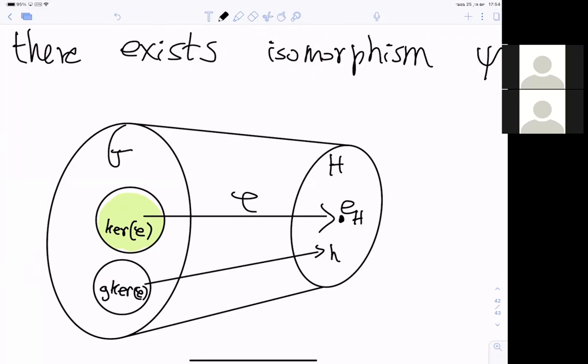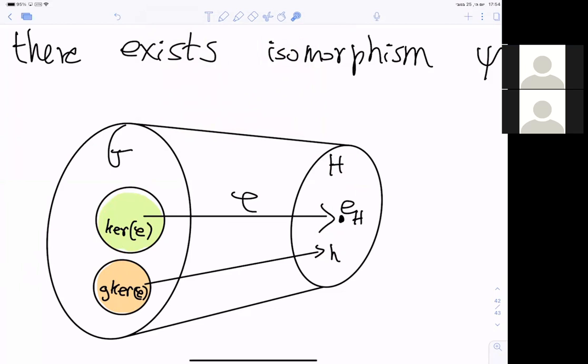I mean, any pre-image of an element here will be a shift of the kernel. In other words, the images here correspond to shifts of the kernel.